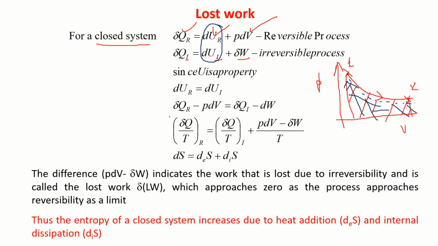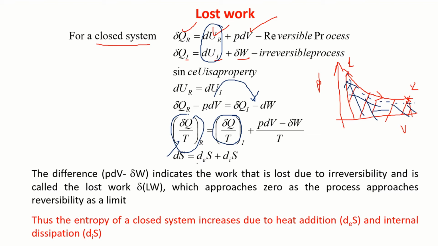Let us bring this PdV here and divide throughout by T. Delta Q by T or delta Q by T I plus PdV minus delta W by T, you will get. This is nothing but dS, change in entropy. So this is irreversible process.